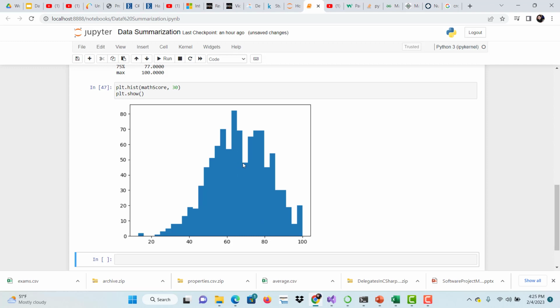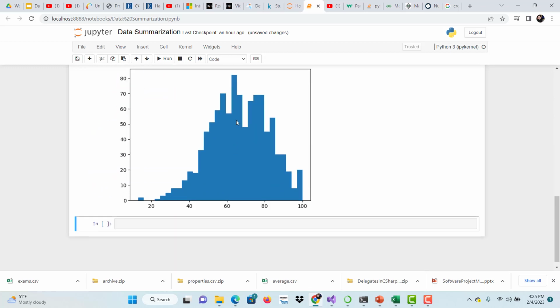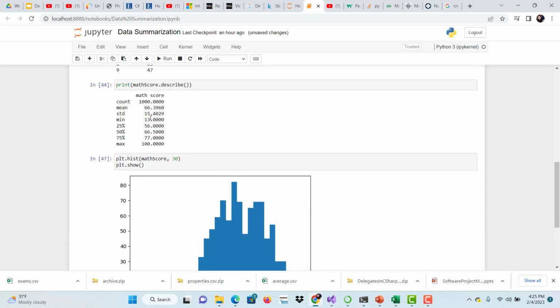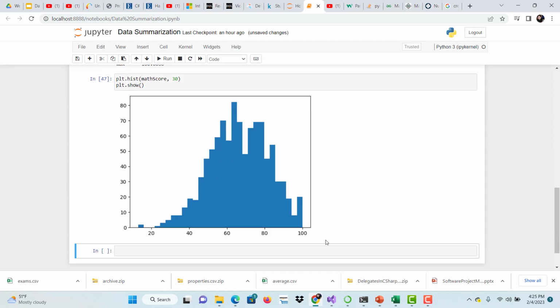The mode is this one, around 60, and the median is 66. The mode is also around 60, and the mean is 66. So it's pretty much symmetric.